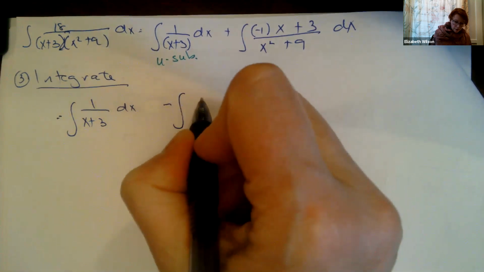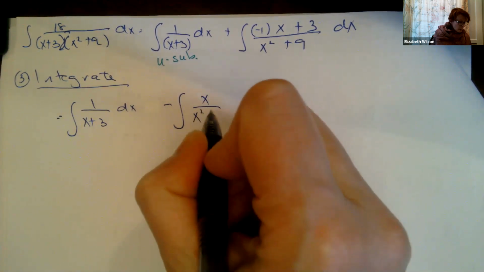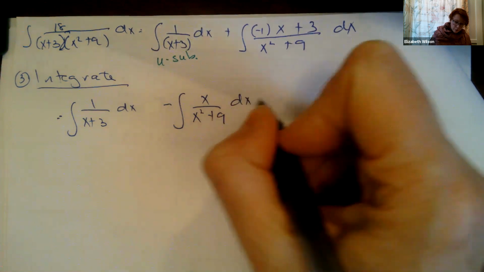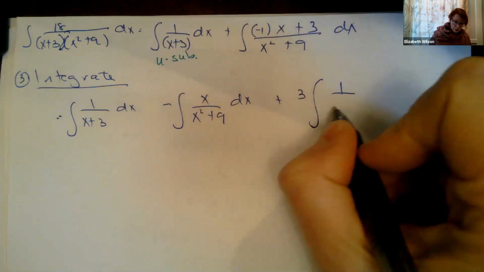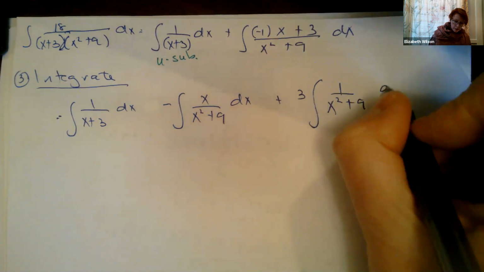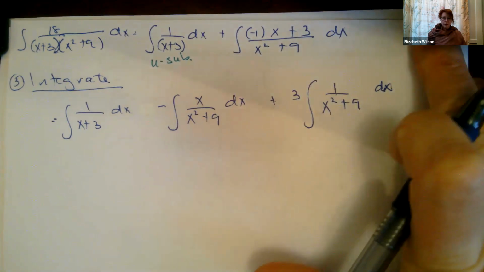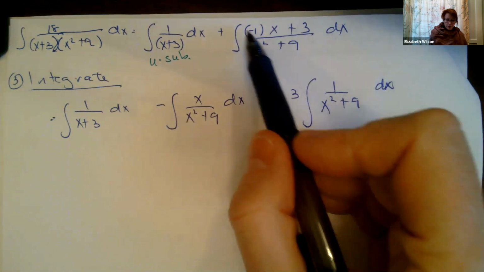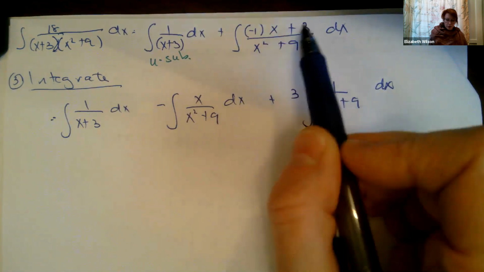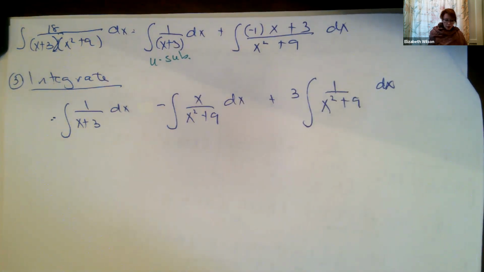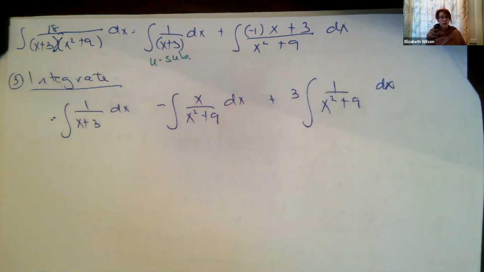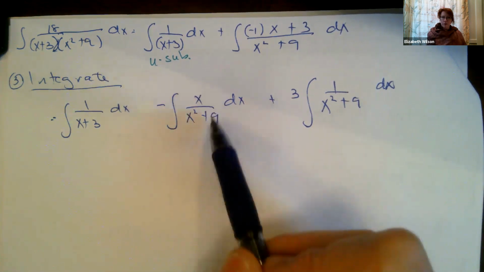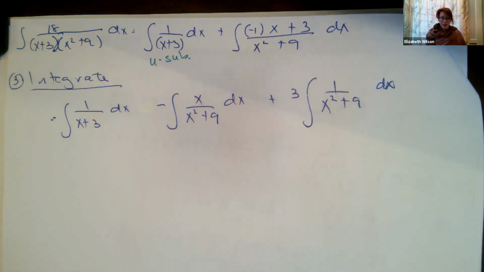This is going to be x over x squared plus 9 dx plus, and I'll take the 3 outside of my integral, 1 over x squared plus 9 dx. Okay, so all I did was I split this up into 2 different fractions. Okay, and then I brought the constant terms like my minus 1 and my 3 through the integral. Okay, and I'm going to integrate this, right? And then I'm going to work it from there.